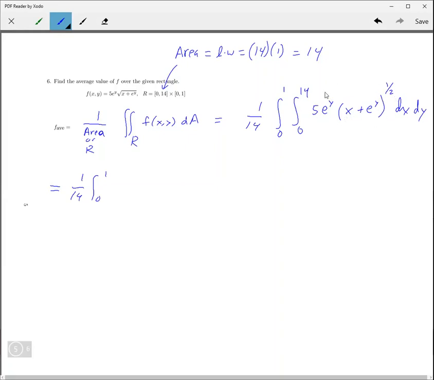Okay, so integrate this in x. And we're going to get, I think it's going to be x plus e to the y to the 3/2, right? And if we go like that, I think that does the trick. Just double checking.